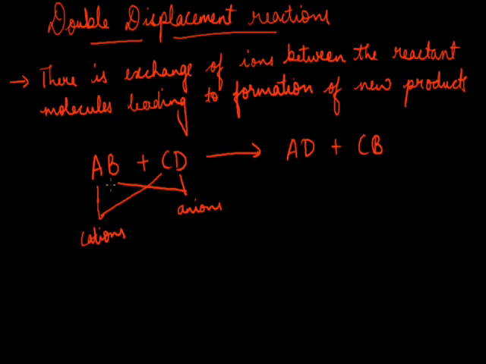If cations are exchanging their position, then C is taking the place of A and A is taking the place of C. Whereas if we say that anions have exchanged their position, then B will take the position of D and D will take the position of B. Because the exchange, that is the displacement, is happening two times, it is said to be a double displacement reaction.